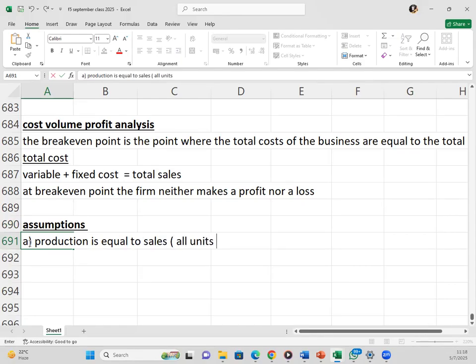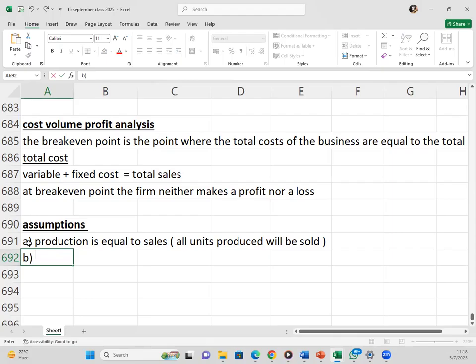In order to determine this break-even point, everything that we produce, we must sell it. That is the first assumption.